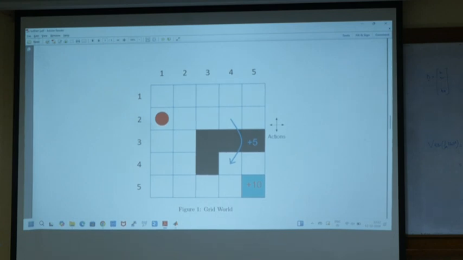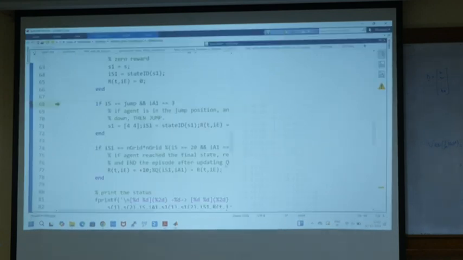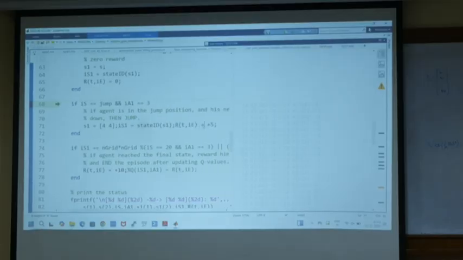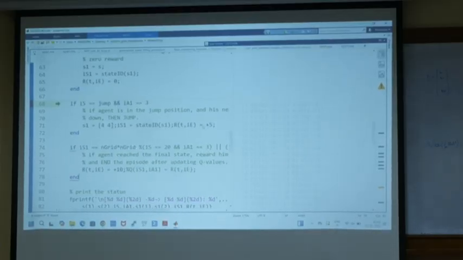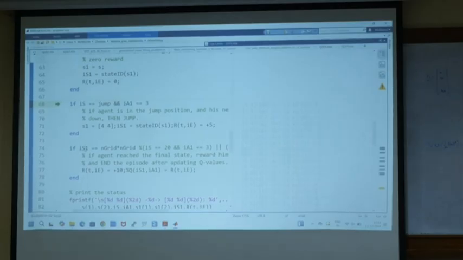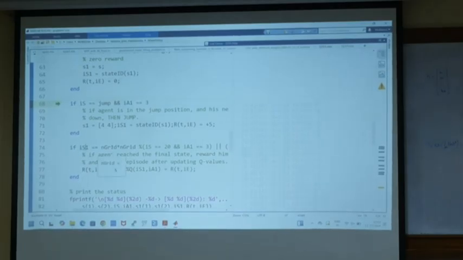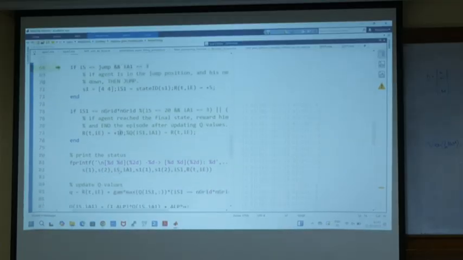But here I will go 2 blocks apart, so I have to write that here. So I have written that here, if I take the third action, that is the down, I will reach state 4,4, and the corresponding number is this for the state, and my reward will be +5. Okay. So this is for the terminal state. If I reach the terminal state, that is the 25, I will get the reward +10.